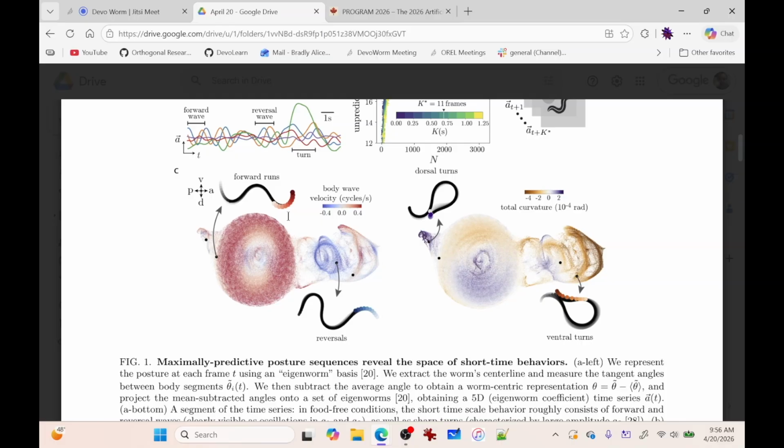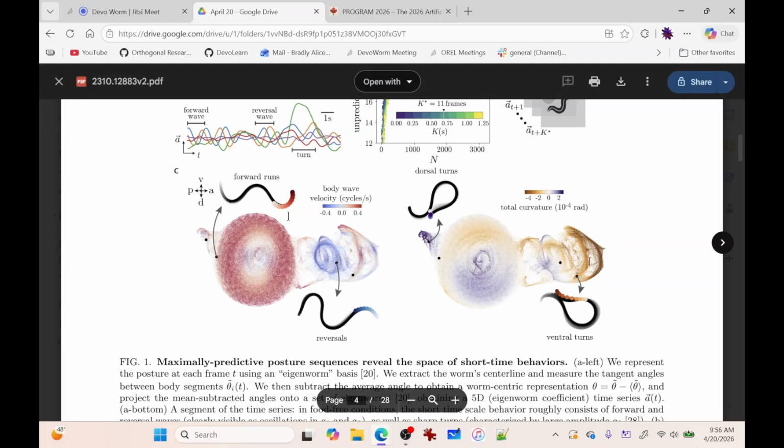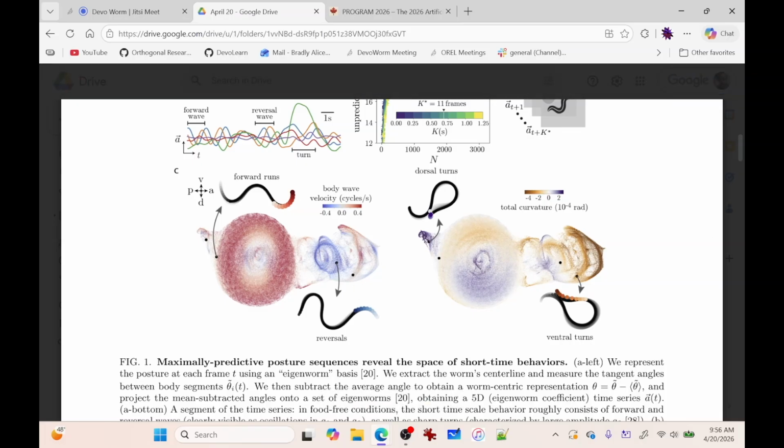And then you have a total curvature of the body in radians. So you see that this part of the worm has these different markers, or points, and between postures they'll move around. They'll cycle, so they'll exhibit oscillatory behavior, and they'll exhibit curvature behaviors, which are in radians and described in this visualization plot. And you can see the heat map here. So that's kind of what they're doing.